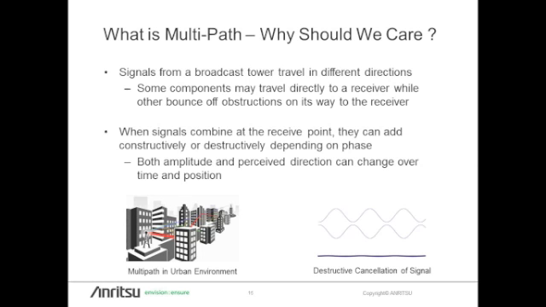So I mentioned multipath. Probably most of you out there are familiar with multipath, so I'll just give you a very high-level overview. Especially in urban environments, it's a very nasty problem. Signals from a broadcast tower will be generated and broadcast in different directions, and a lot of these components will bounce off of obstructions on their way to the receiver.